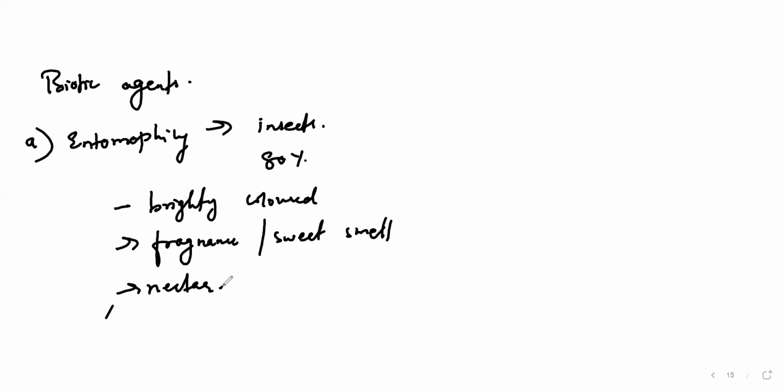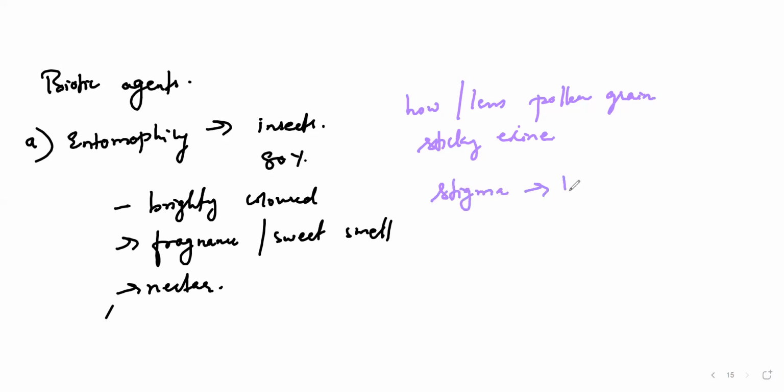Usually these kinds of flowers produce low, or you can say less, pollen grains. And usually these pollen grains have a sticky enzyme, so that they will stick to the body of the insects carrying them. Whereas the stigmas of these flowers will be long, rough, and sticky.